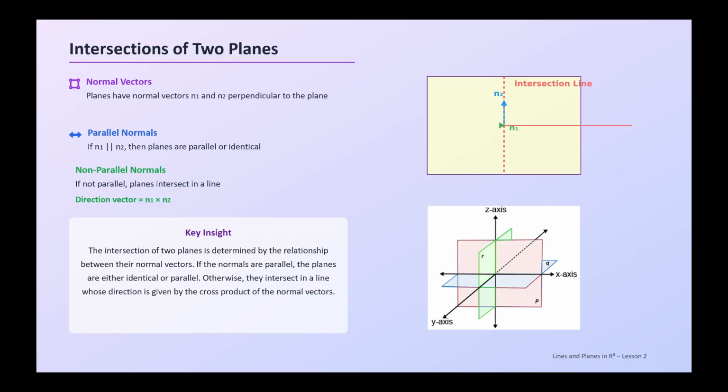If the normals are not parallel, the two planes intersect in a line. The direction of that line comes from the cross product of the two normals. So we say the direction vector equals normal 1 cross normal 2.